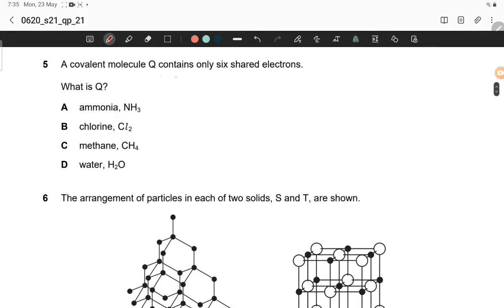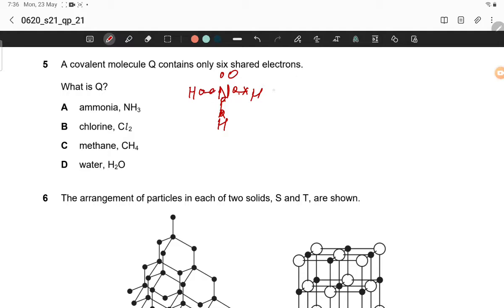A covalent molecule Q contains only 6 shared electrons. Let's check. Ammonia has 1, 2, 3, 1, 2, 3, 4, 5, 6.